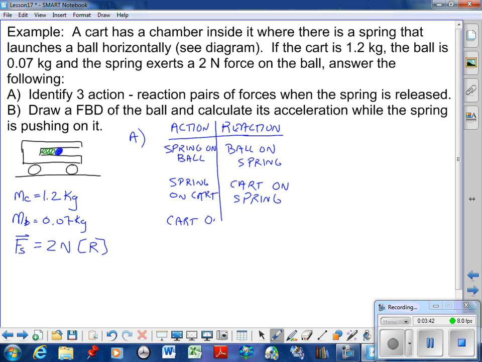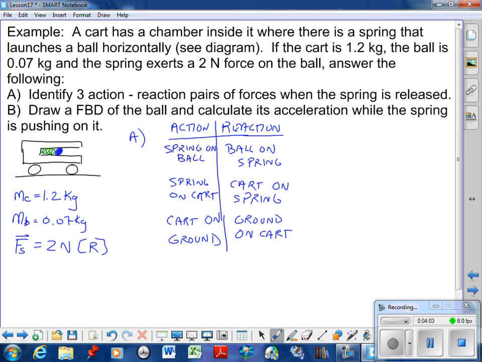Cart on, you can pick wheels or ground. Cart on ground. The ground is acting on cart. So you can see there are these action and reaction forces. So for every action, there's an equal and opposite reaction that we need to be concerned with.